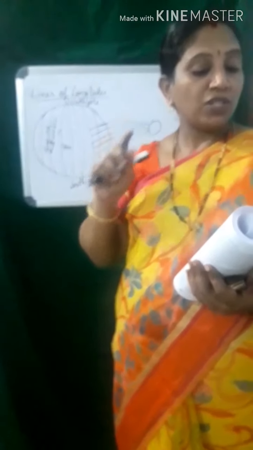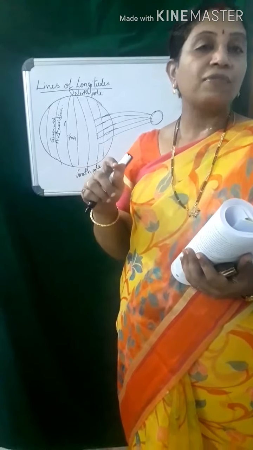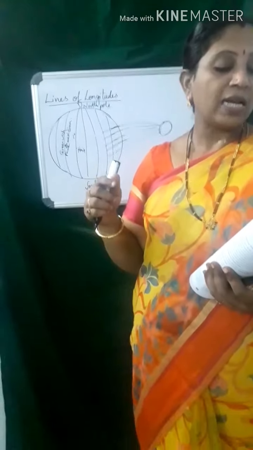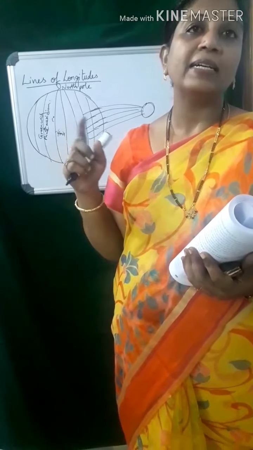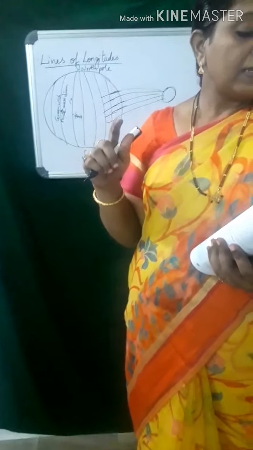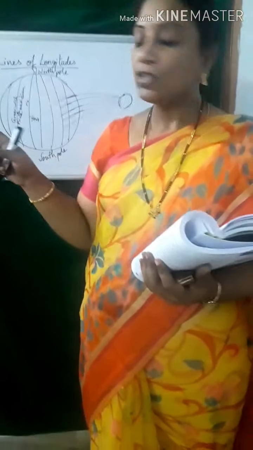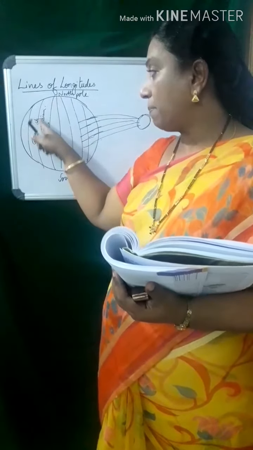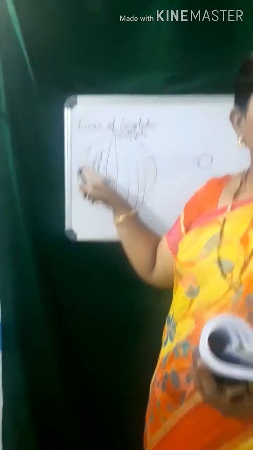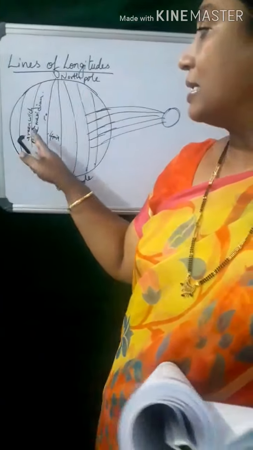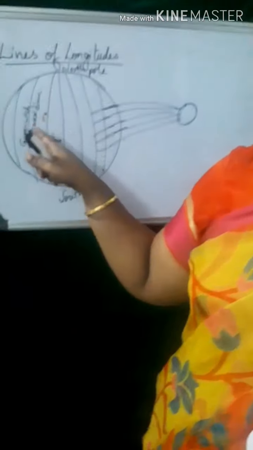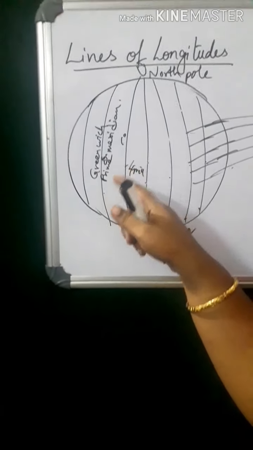To solve this issue, the local time of the prime meridian is used as an international standard time. Since the prime meridian passes through Greenwich, its time is known as Greenwich Mean Time. GMT means Greenwich Mean Time.